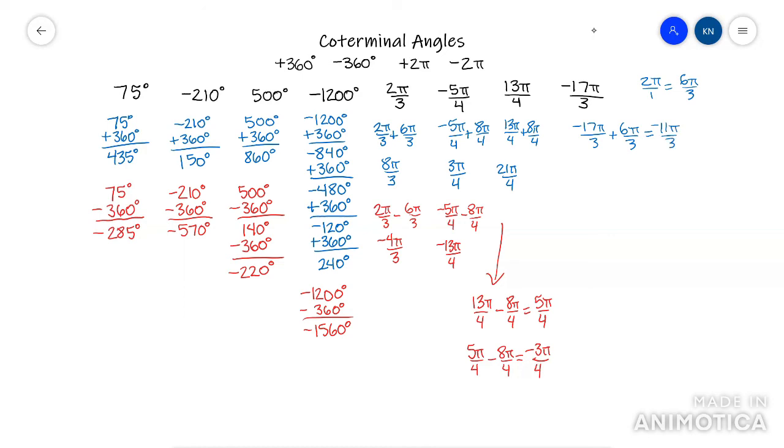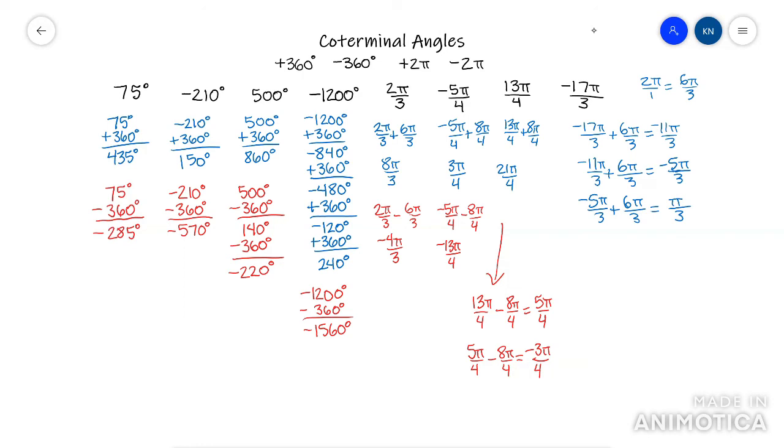This is not a positive angle yet, so I have to do it again. Negative 11 pi over 3 plus another 6 pi over 3 gives me negative 5 pi over 3. That's still not a positive angle, so I'm going to do it again. Negative 5 pi over 3 plus 6 pi over 3 gives me pi over 3. That's my positive coterminal.